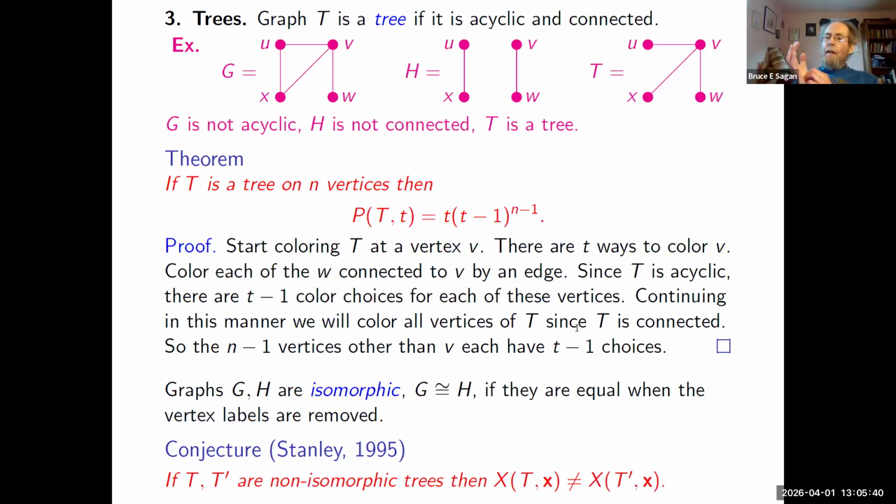Okay. So remember, each edge gives us a hyperplane. Any hyperplane splits space into two regions, one on its left, one on its right.